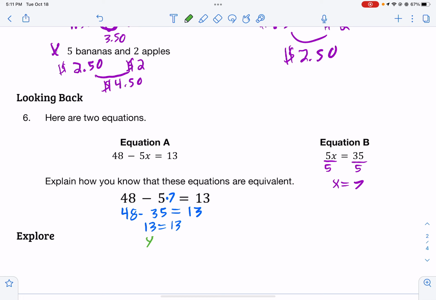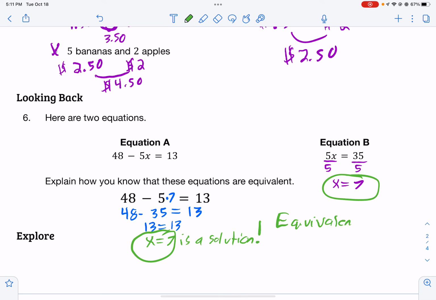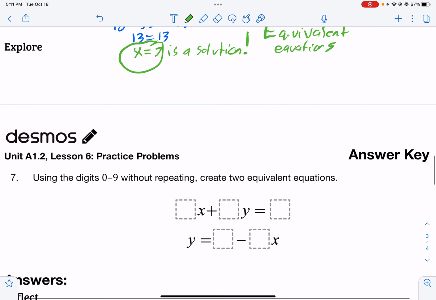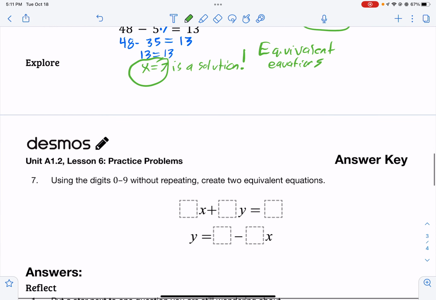So we would say that x equals 7 is a solution. And since both of these have the same solution, we say that these are equivalent equations. Remember, equivalent equations have the same solution.